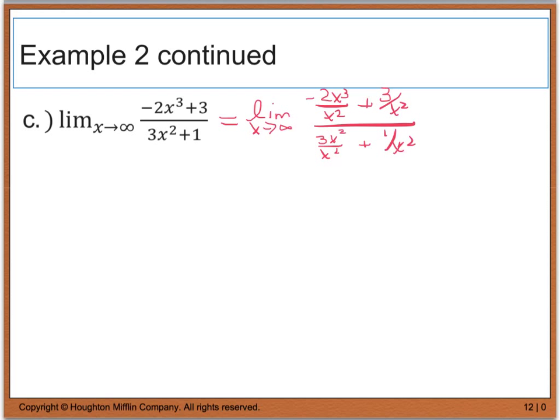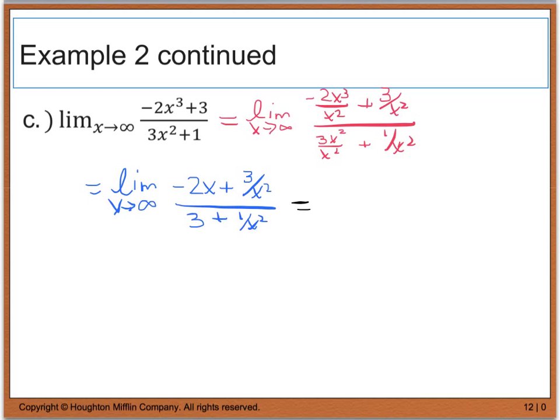Now if I simplify that, we get the limit as x approaches infinity of negative 2x plus 3 divided by x squared, all divided by 3 plus 1 divided by x squared.